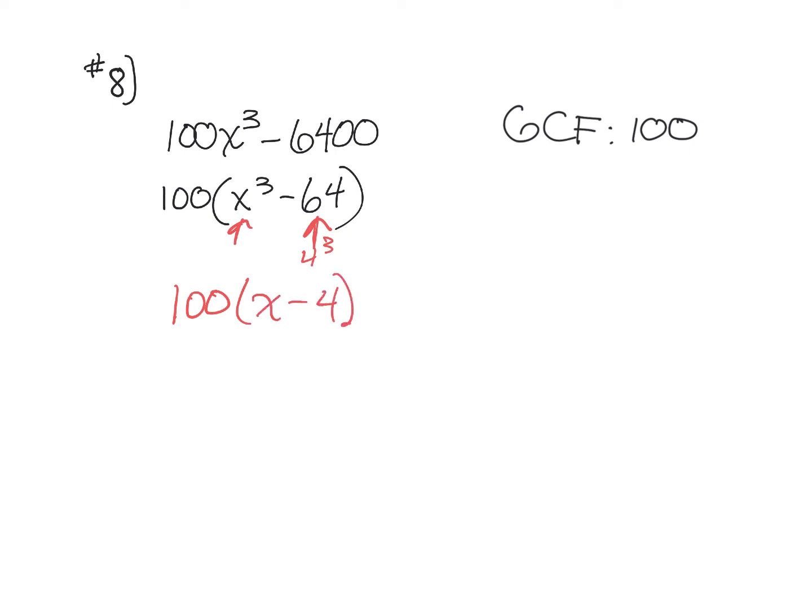You take the cube root of x cubed, which is x. Take the sign that's in between, which is a subtraction, and the cube root of 64, which is 4. Square the first term. Done with the subtraction, so everything's plus. Multiply the two, and square the last term. And then you're done with number 8. Don't forget your greatest common factor.